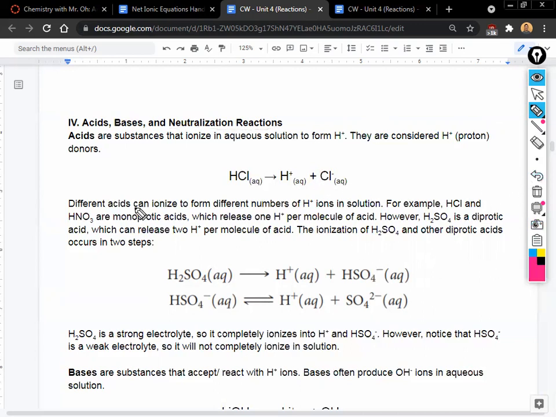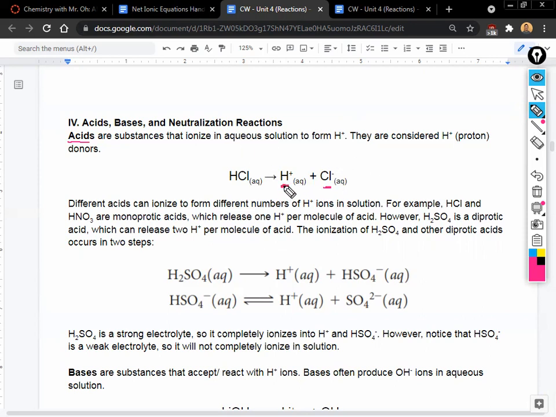So let's start with acids. Okay, acids, they're substances that ionize in aqueous solution to form H+. So basically an easy way to say that is when you put them in water, they break down into H+ and something else. Okay, that's pretty much it. There are other definitions of acids that you'll see when you read your textbook, but the definition that we'll be using for this unit is going to be proton donors.